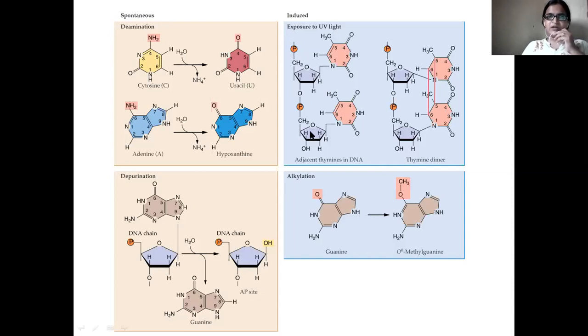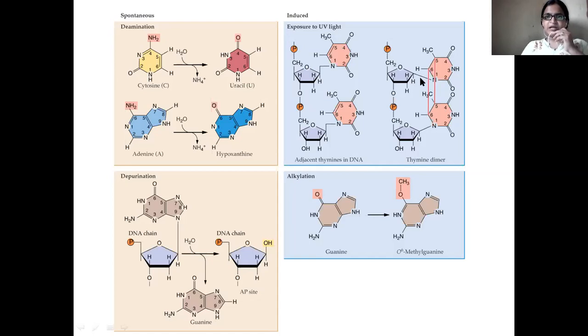So bonding will usually be present between two adjacent sugars by a phosphodiester bond. This is called a phosphodiester bond between the 3' carbon and 5' carbon of adjacent nucleotides. This is the normal bonding pattern which can be seen between adjacent thymines.